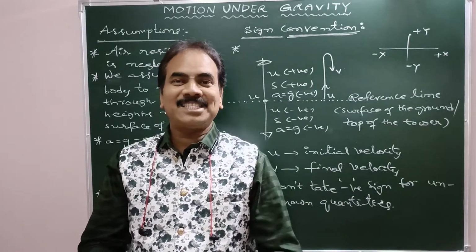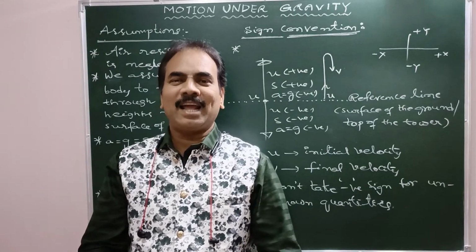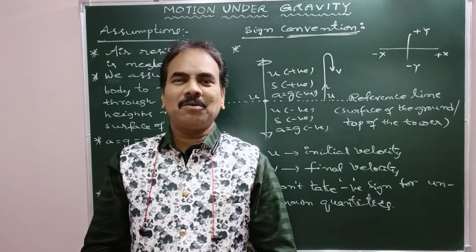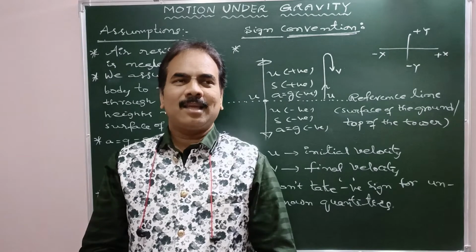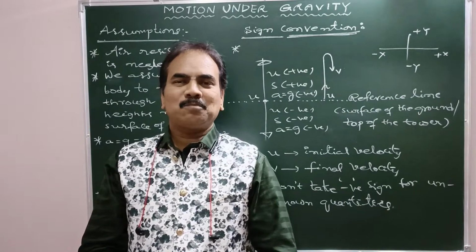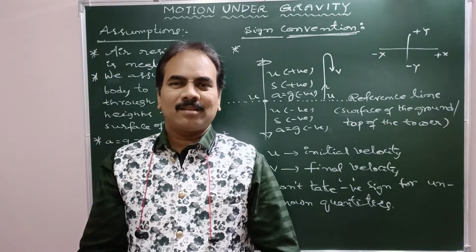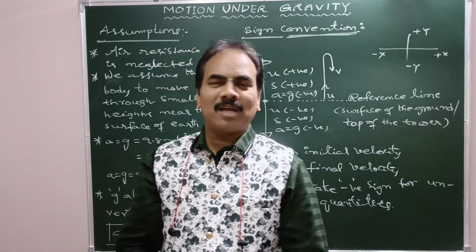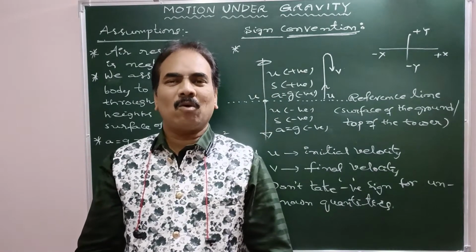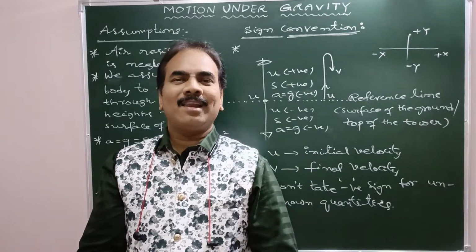That is acceleration due to gravity. As earth is pulling every object towards its center, what is the direction of acceleration due to gravity? Always vertically downwards.